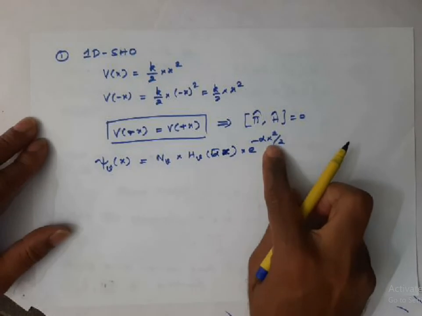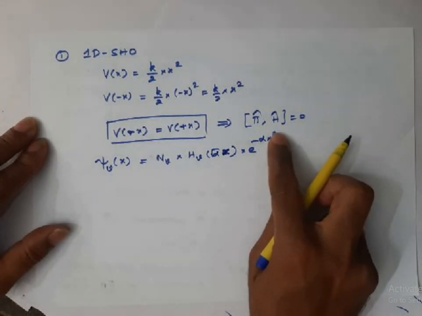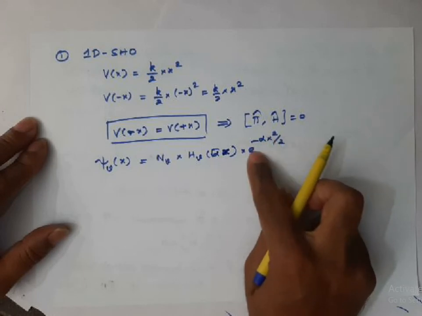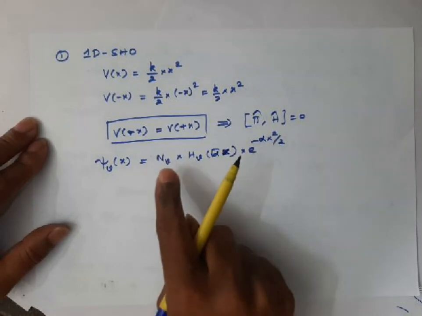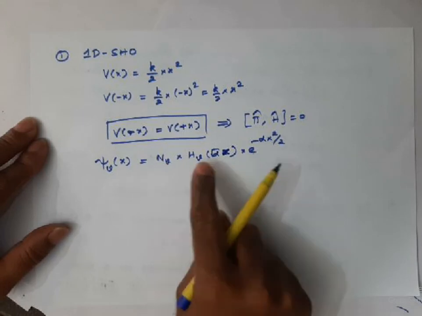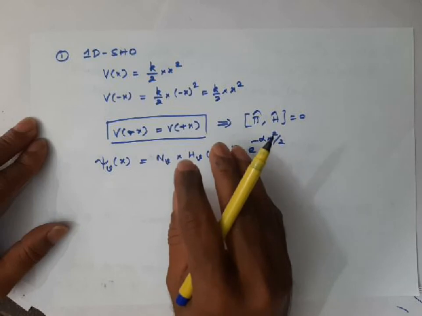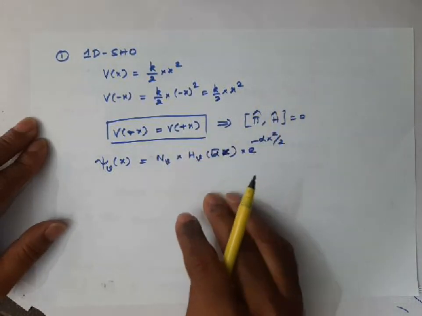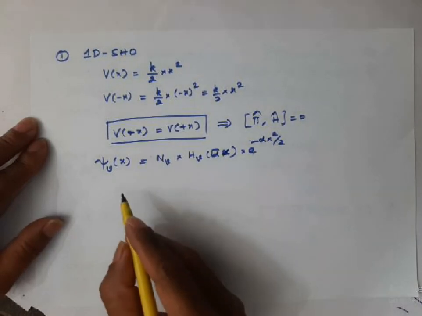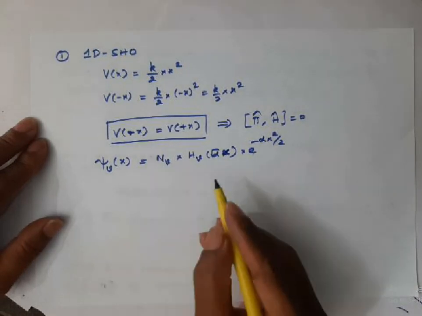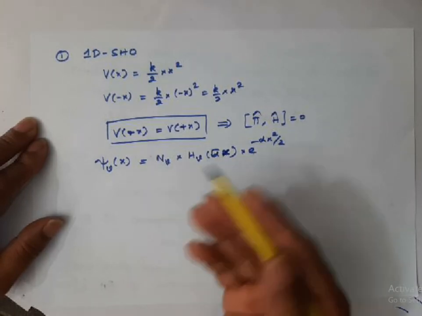Here we have an x square term, so if you replace x by minus x, the Gaussian part doesn't change, and normalization is a constant, so you need not worry about that. The only term which decides whether the function is odd or even is the Hermite polynomial. And you know very well, if v is an even number, the Hermite polynomial will give you an even function.